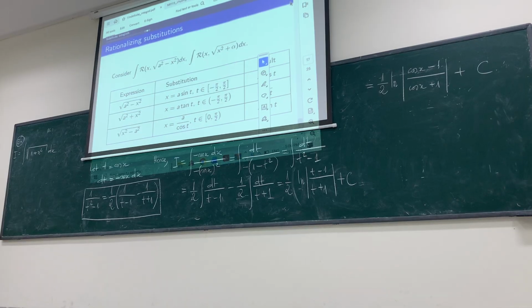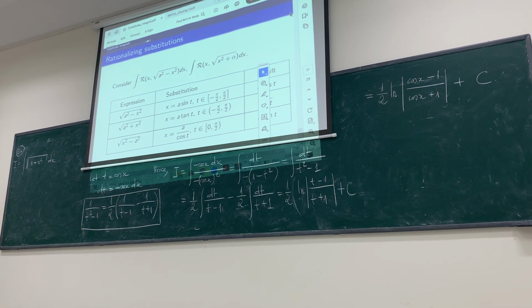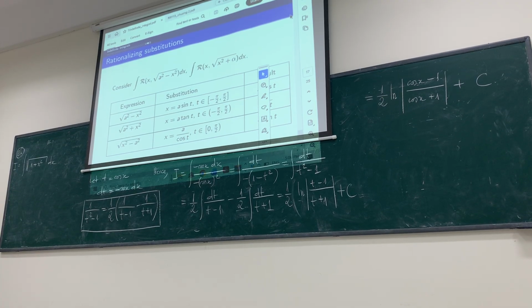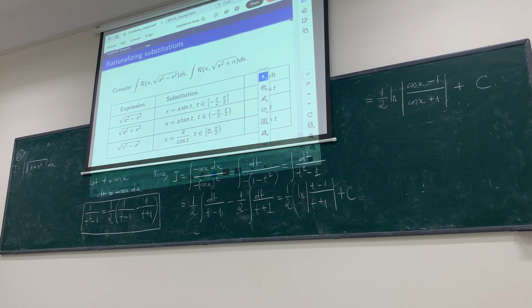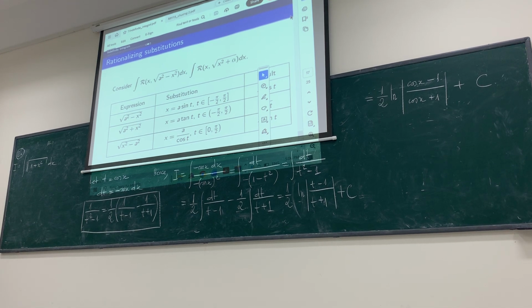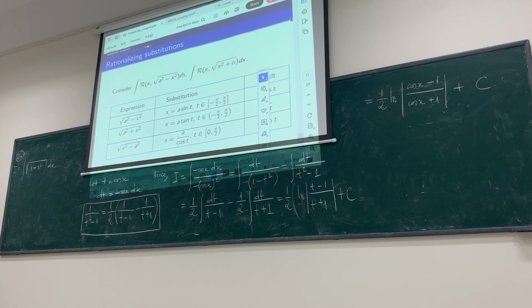When we take a substitution, we can change the integral to a trigonometric integral. After that, we can use the method for the integral of rational functions to evaluate the integral.